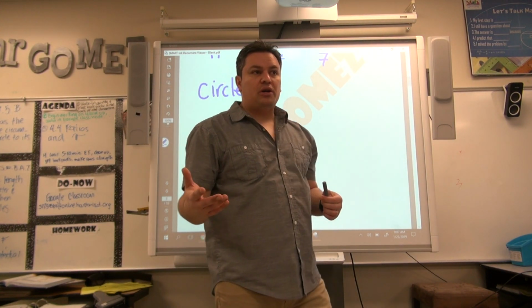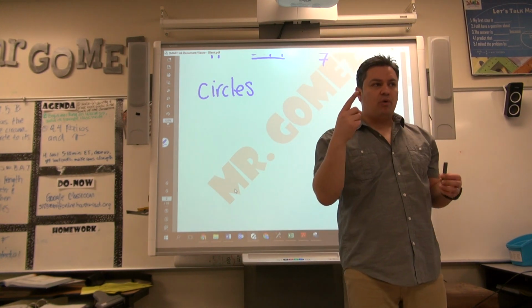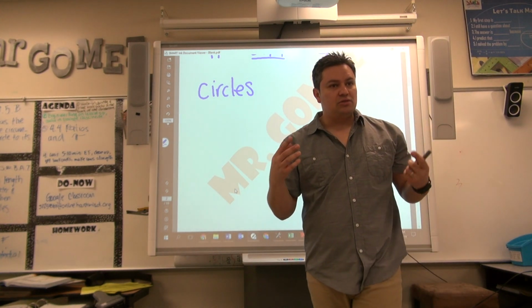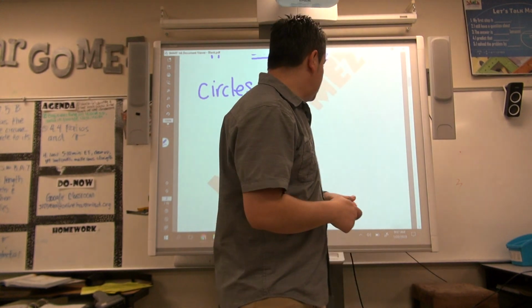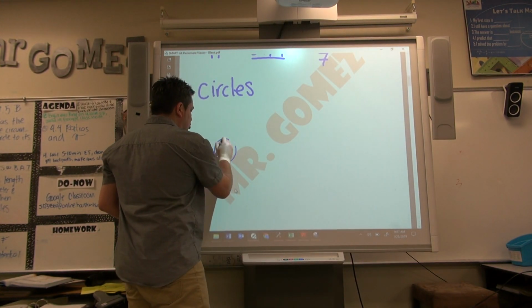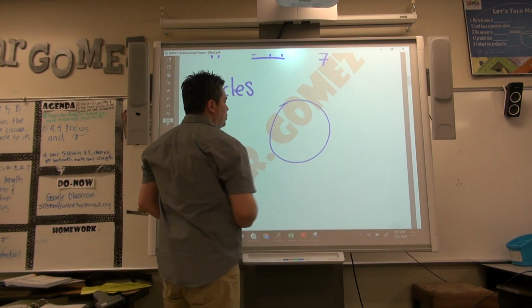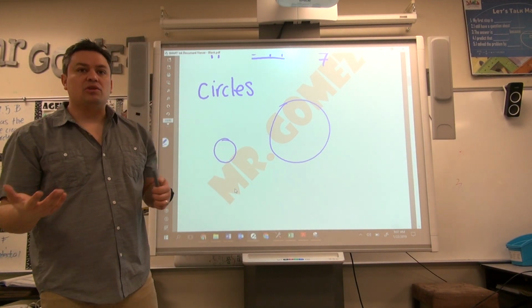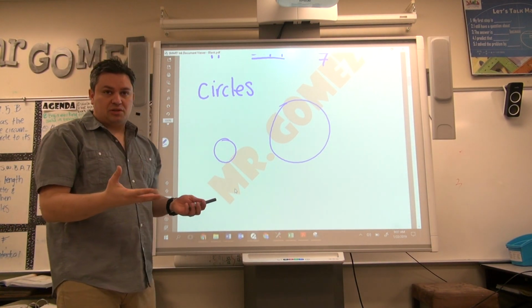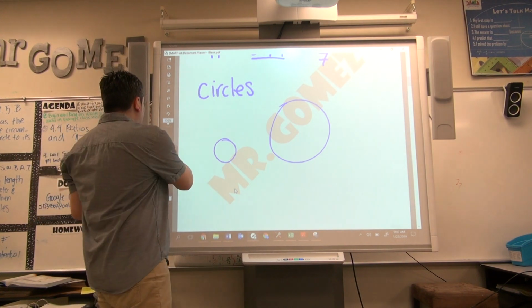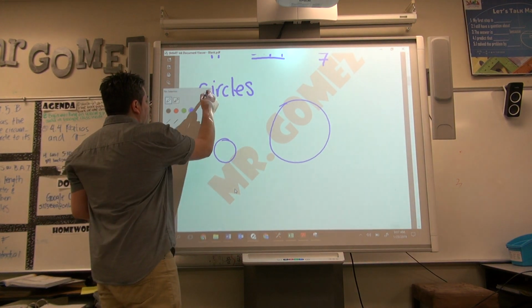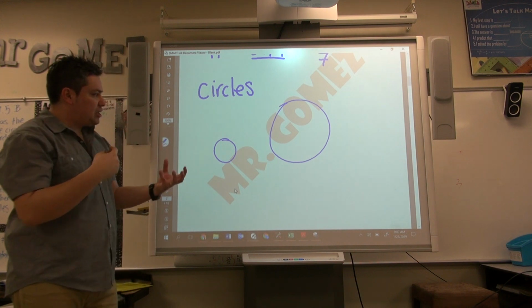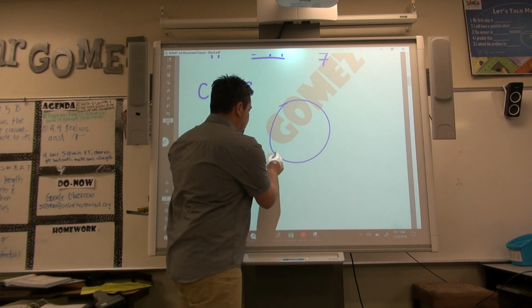Just like before, when we talk about ratios, we have two things. So what do you think we're going to be doing to the circles? If I have a small circle and a larger circle, I can kind of find out what's going on given the measures, okay? So now, we have a little more details in the circles.